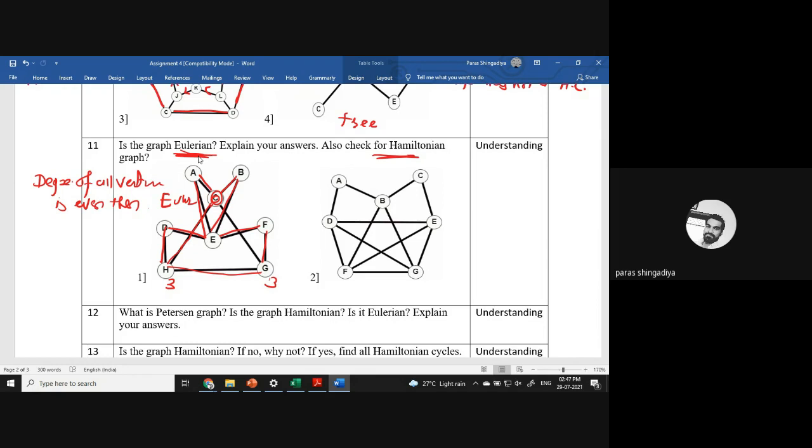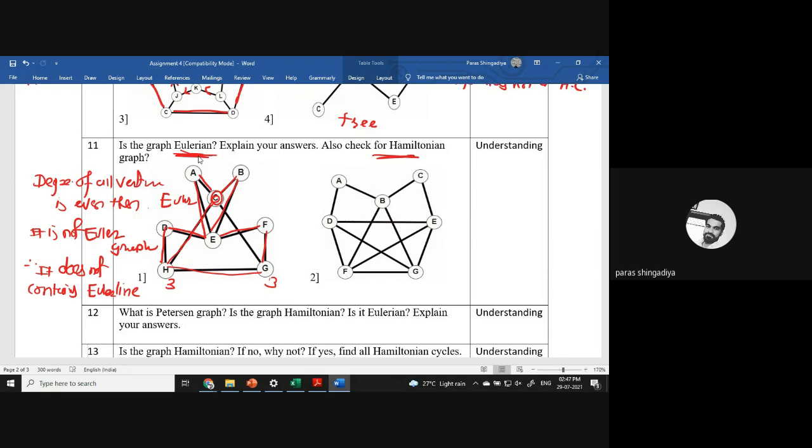So is it not possible to say this graph is an Euler graph? Okay, so the conclusion here is it is not an Euler graph. ठीक है, ये Euler graph नहीं है. क्यों नहीं है? Because it does not contain an Euler line. ठीक है, it does not contain an Euler line, therefore it is not an Euler graph.